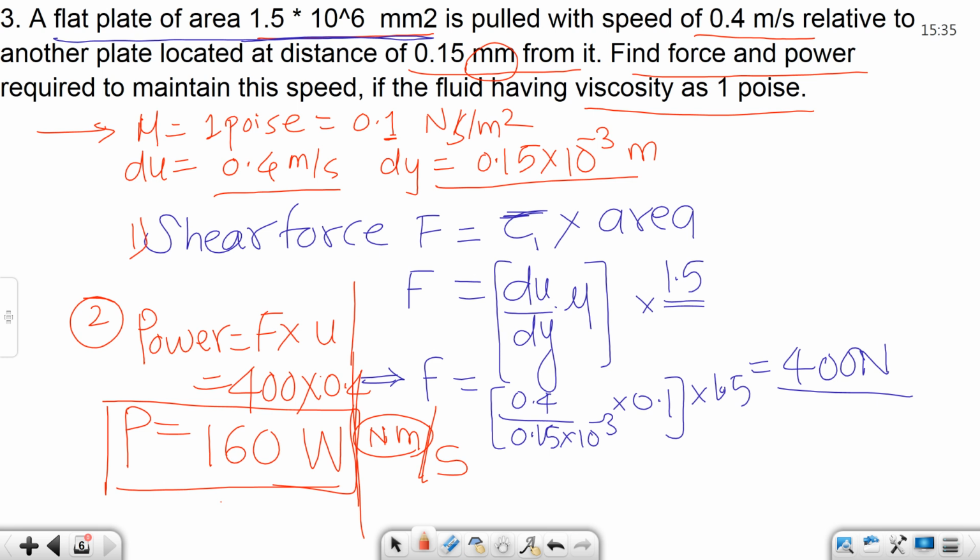So that is the complete numerical for viscosity based parameter. In this it was a very simple factor which was calculated from Newton's law of viscosity, and additionally this formula, power is equal to force into velocity, and justification with this unit for it.